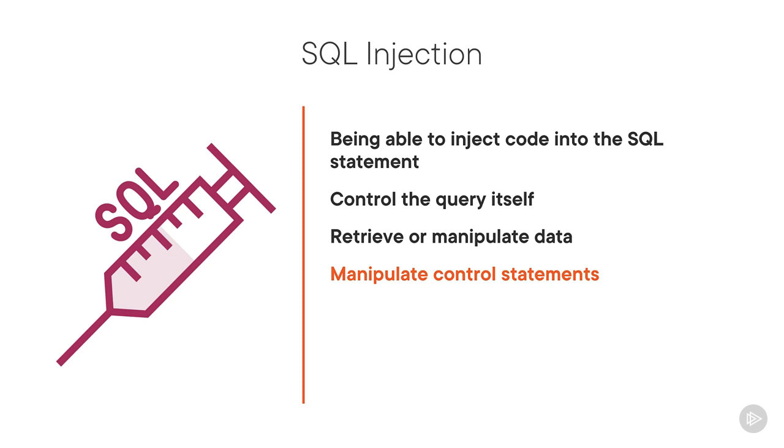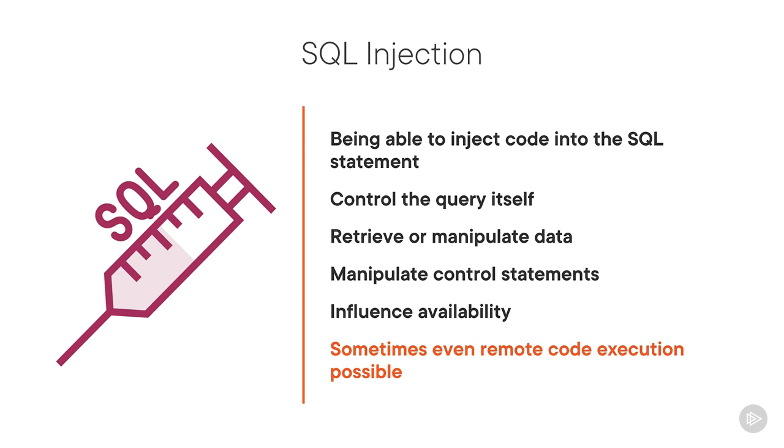Using SQL injection, you can also influence the availability of data or even the whole database itself. And depending on the vendor or the specific flavor of SQL, so to speak, sometimes you can even perform remote code execution. So the impact of SQL injection attacks is huge.